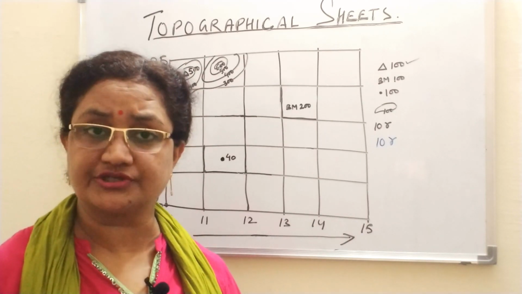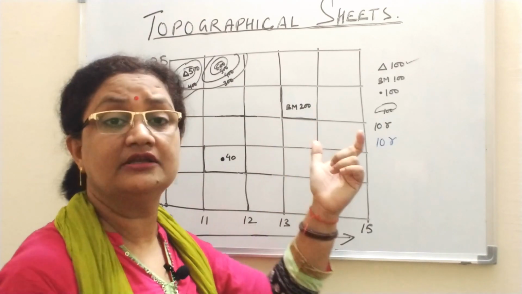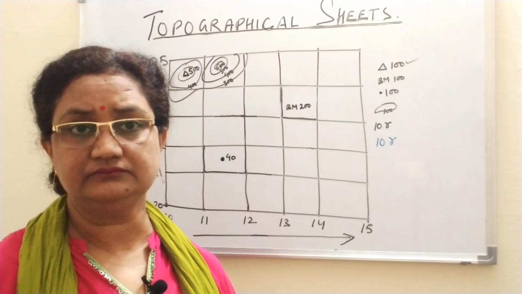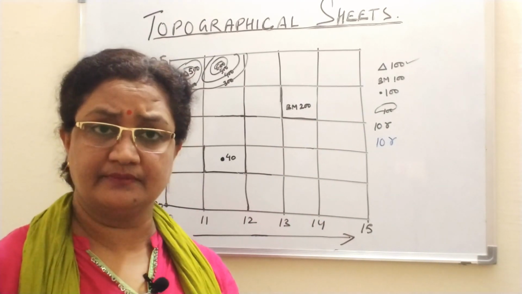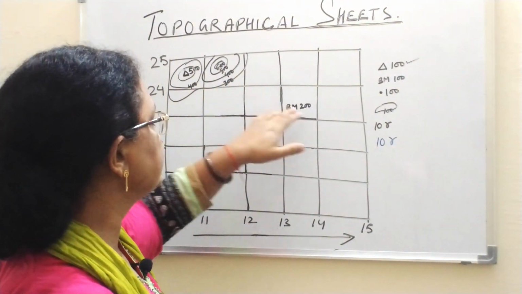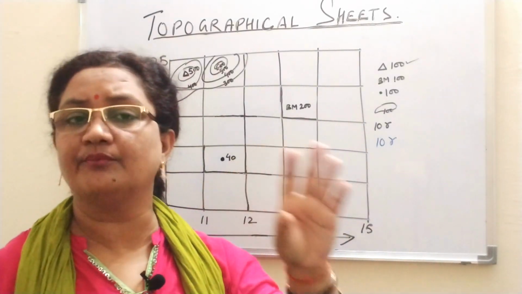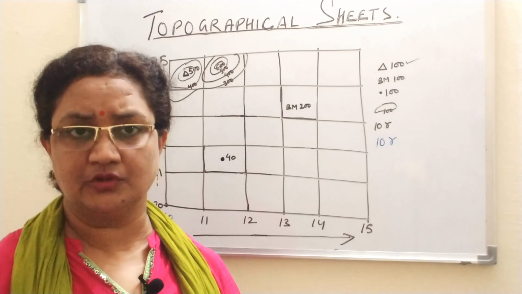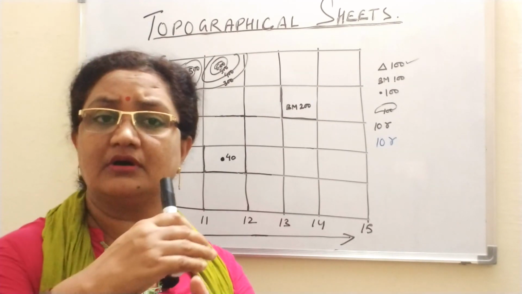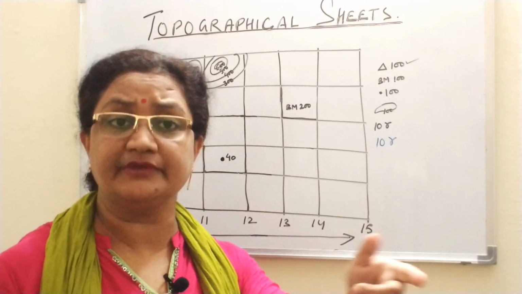Always on the topo sheets, the height or any such value is given in meters. Right? So it is understood. That's why you will find that it's never mentioned 300 meters, 200 meters. It's just the number which is mentioned. So it is understood that it is the value in meters above the mean sea level.